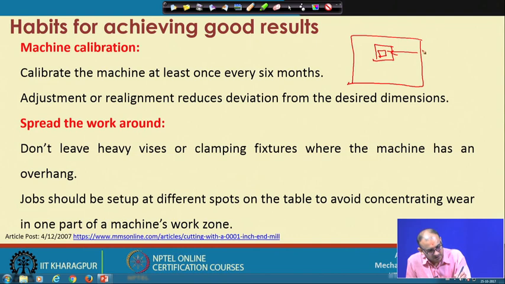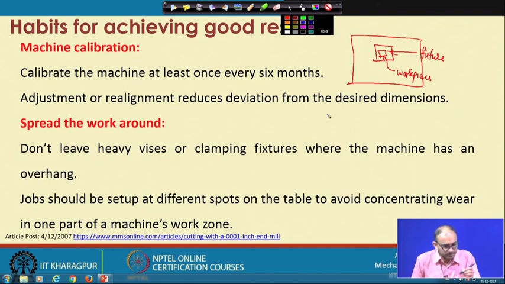So, this is the fixture and this is the workpiece at this location. Now, what is the problem with that?